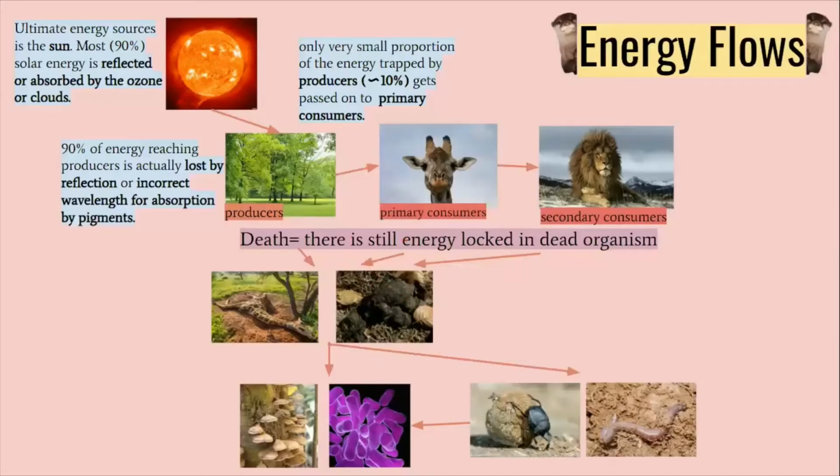Now we know any living organism, at one point, is going to die. Even when they are dead, there is still energy locked in that organism. The organic material wrapped up in the dead plants or the dead animals is going to be decomposed by saprophytic organisms. Detritus is non-living organic matter, for example, feces, fallen leaves, and remains of dead organisms.